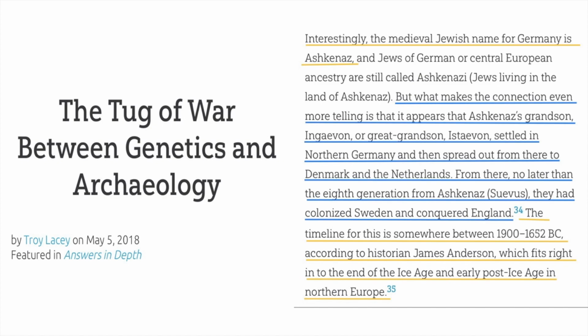From there, no later than the 8th generation from Ashkenaz, they had colonized Sweden and conquered England. The timeline for this is somewhere between 1900 through 1652 BC, according to historian James Anderson, which fits right in the end of the Ice Age and early post-Ice Age in northern Europe.